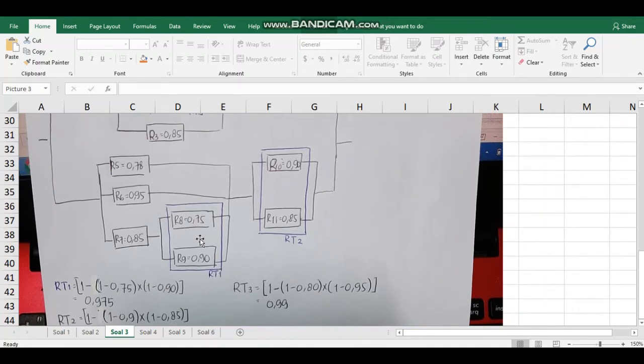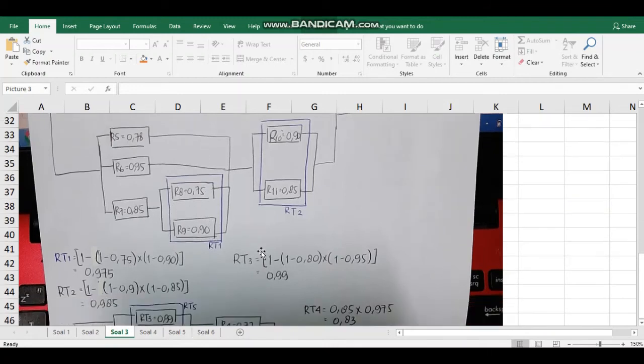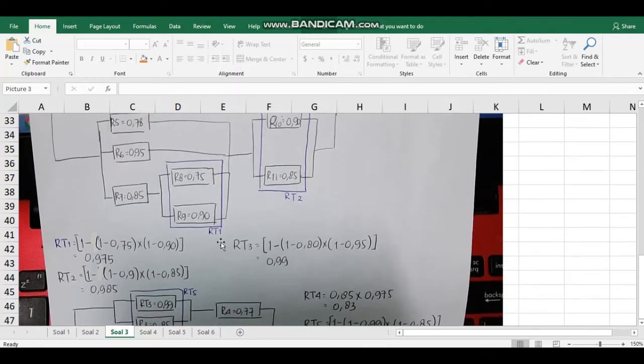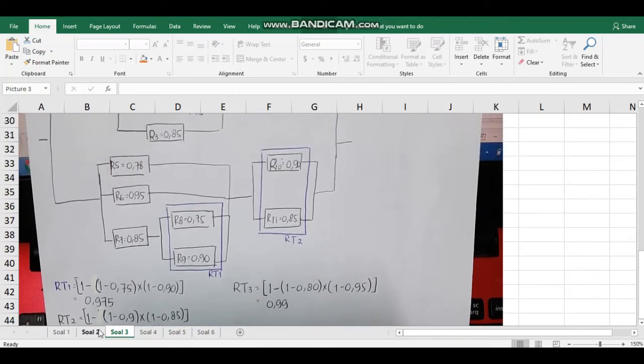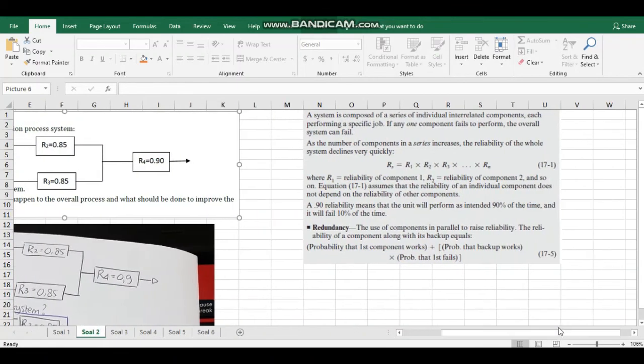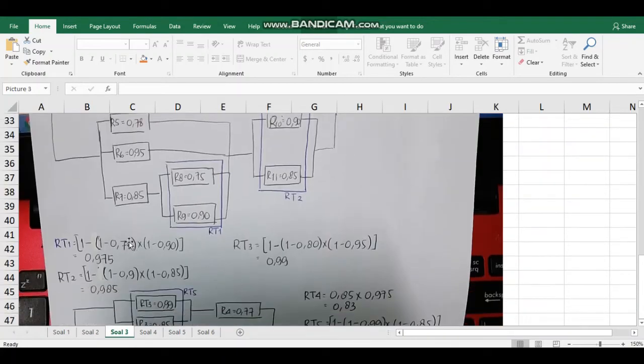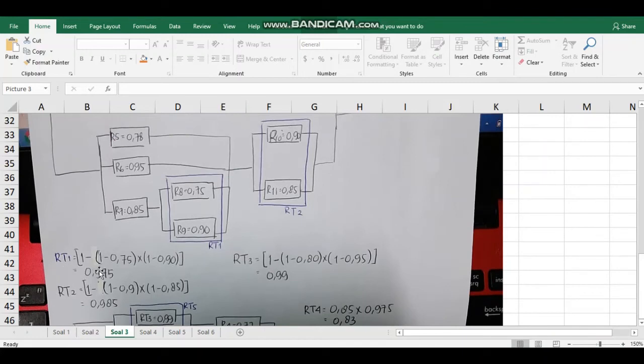Okay, start with this one. I call it RT1, the total reliability of this parallel form. As I said before, you can use this formula, 17.5, or you can use this kind of formula: 1 minus, 1 minus the probability of the first component, multiplied with 1 minus the probability of the redundancy or the backup.